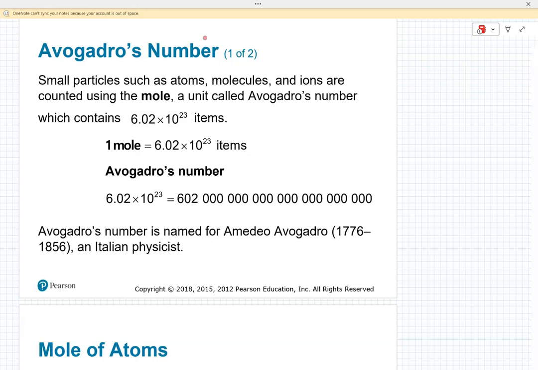So the Avogadro number shown here, it's huge. It is like trillion times, more than trillion times more than people on Earth. It's enormous. One of my favorite examples of how large the Avogadro number is: Earth is about 4.5 billion years old.